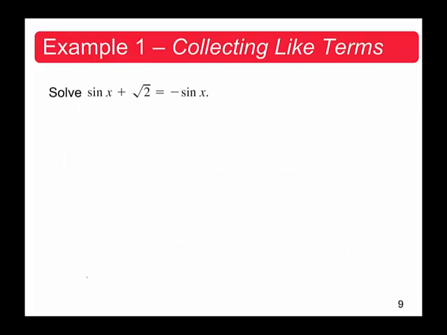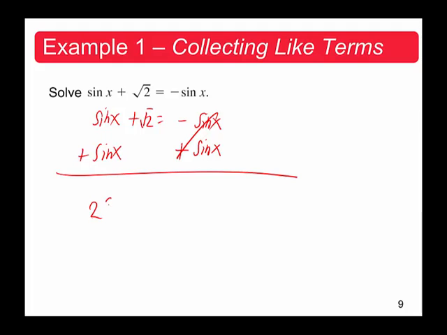Now let's take a look at this trigonometric equation. Here we try to solve for x. First of all, we have sine x plus radical 2 equal to negative sine x, so we combine the trigonometric functions by adding sine x to both sides of the equation. Cancel that, and we get 2 sine x plus radical 2 equal to 0.